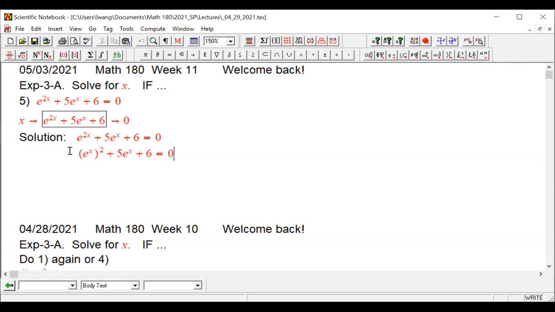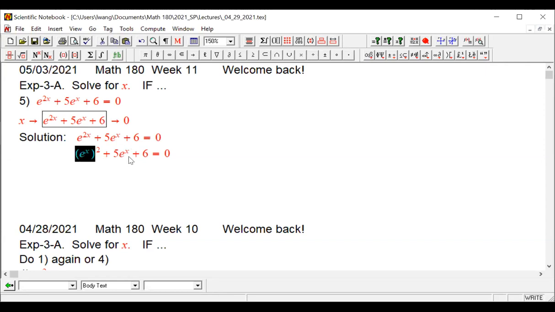The parentheses are necessary here. We look at it from a different perspective, rewriting the given equation as e to the power x to the power 2.